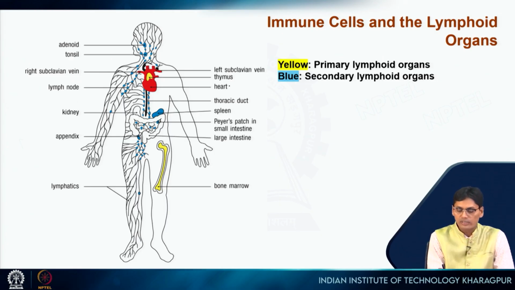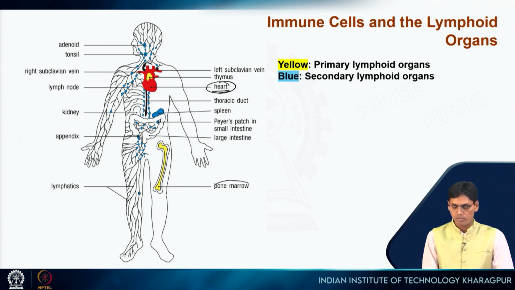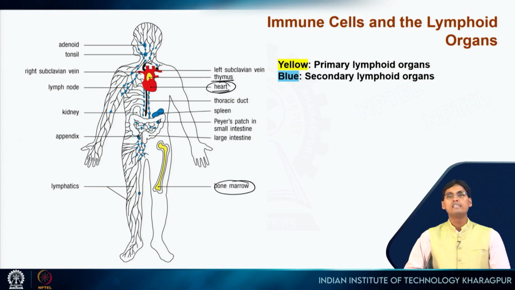In red color, as you can see, we are referring to our heart, which is a kind of reference point. In yellow color, two things are mentioned here: the bone marrow and the thymus. These two are our primary lymphoid organs.